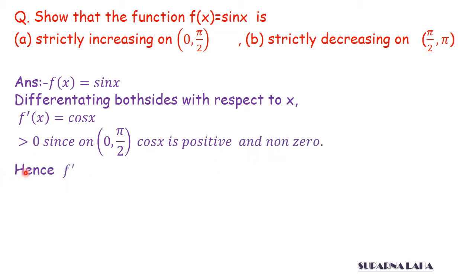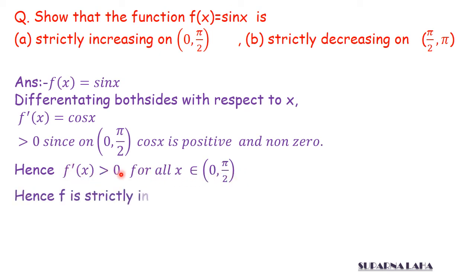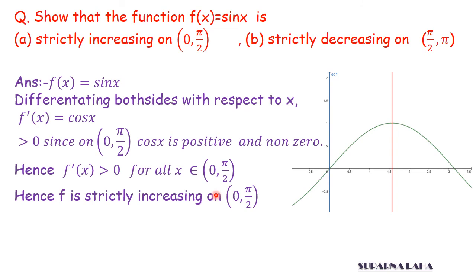So from here I can say f dash x is greater than 0. That is, for all x in this open interval 0 to pi by 2, f dash x is greater than 0, hence the function is strictly increasing. If we check the graph from 0 to pi by 2, we can show that this function is increasing, so it is moving upwards.